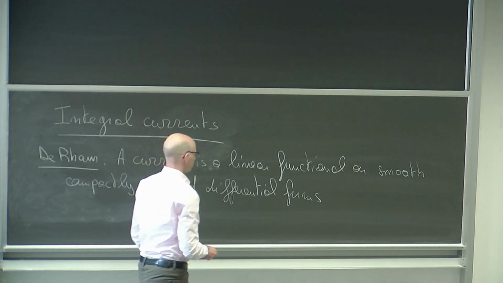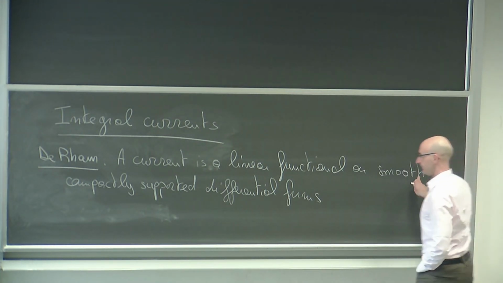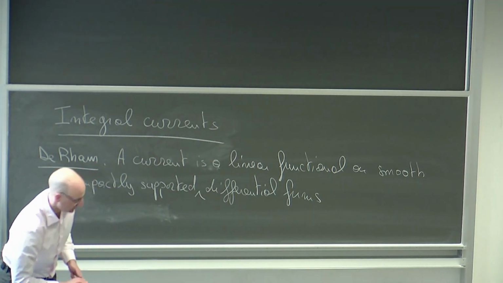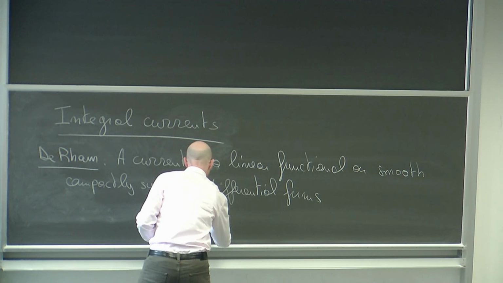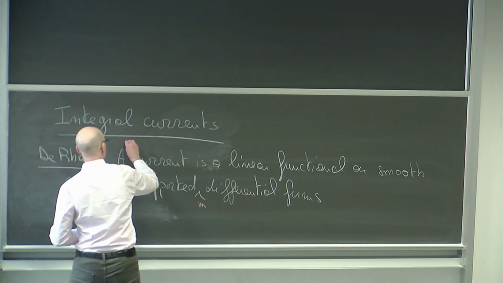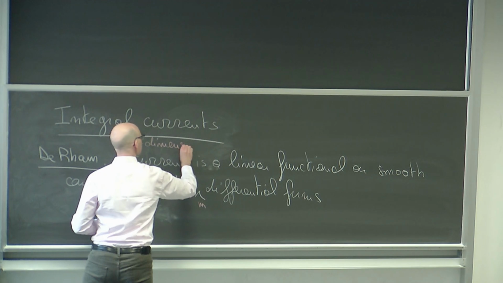Okay, so of course I should tell you that these are maybe m-forms. Let's see if this works. And so this will give then the notion of an m-dimensional current.